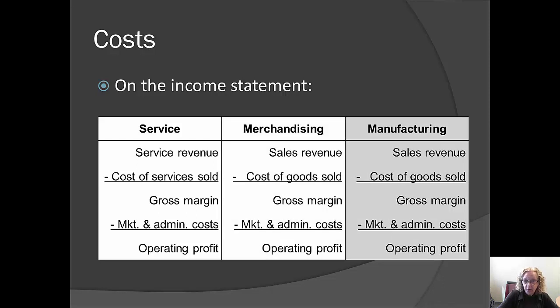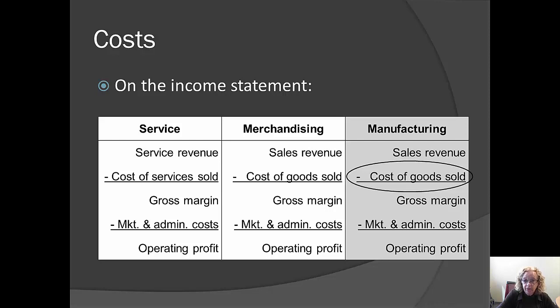An income statement for a manufacturing firm looks very similar to one for a merchandising firm. However, the computation of cost of goods sold is significantly different. For a merchandising firm, all we have to do is add up the purchase price of the merchandise that we got from our suppliers.